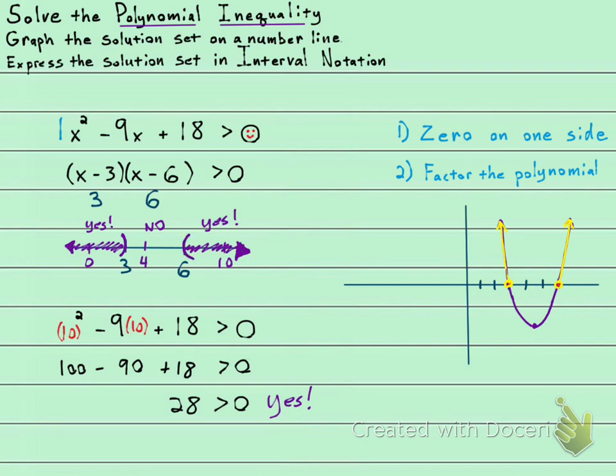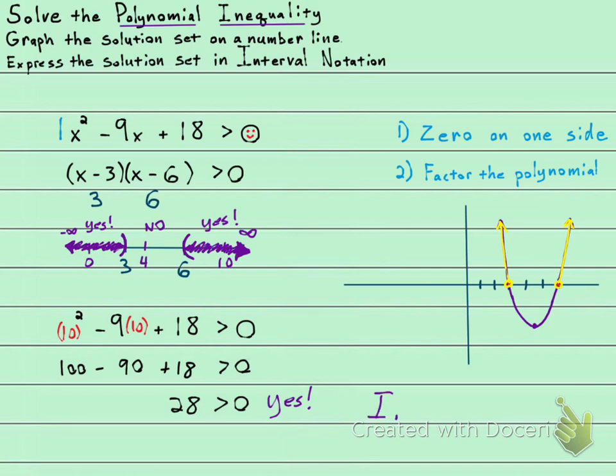All right, I like to label negative infinity, and I like to label positive infinity. So I have two different intervals that are part of my solution. It's the one on the left, everything from negative infinity to 3, and also part of my solution is everything from 6 to positive infinity.